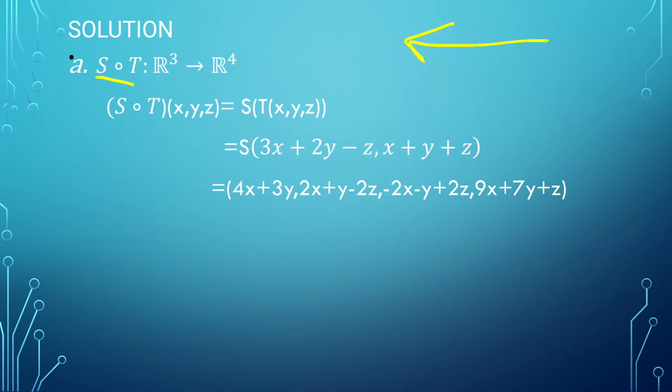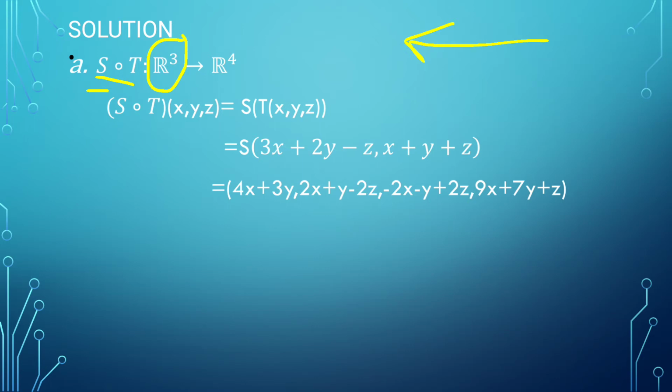So let's consider T. T is mapping from where? You look at the domain for T, and the domain for T is actually R3. Then after T, the next operation is S. The transformation S takes R2 to R4.